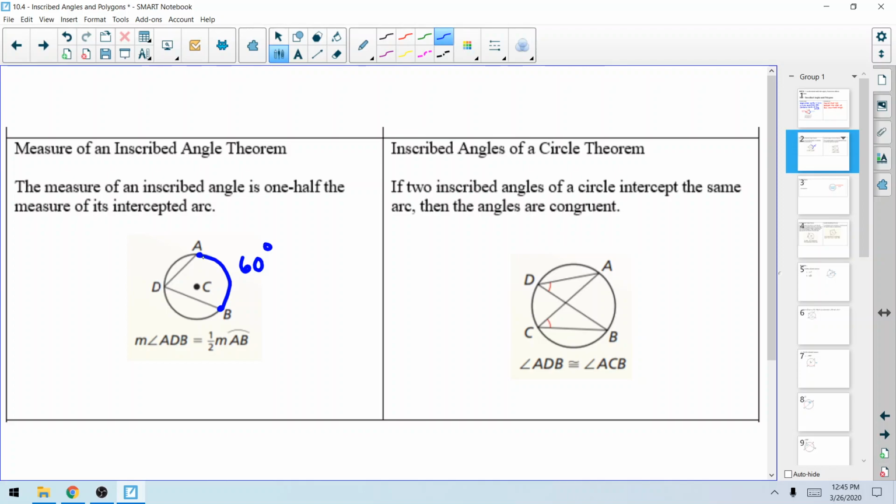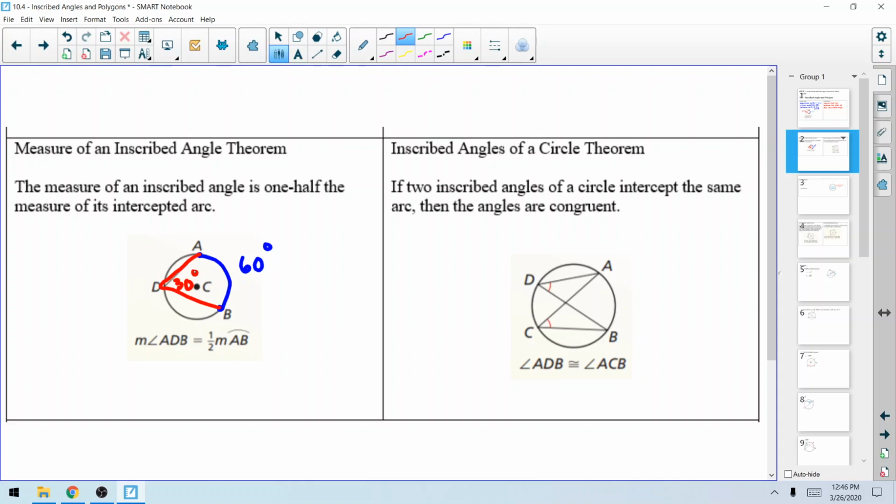Well, if I had the central angle that went to the center of my circle, then I would know that angle there at C is also 60 degrees. But this time we're not talking about the central angle, we're talking about the angle that goes the whole way over here to D, so ADB. Well, what this theorem is telling us is that that is actually half. So the measure of that would be 30 degrees.